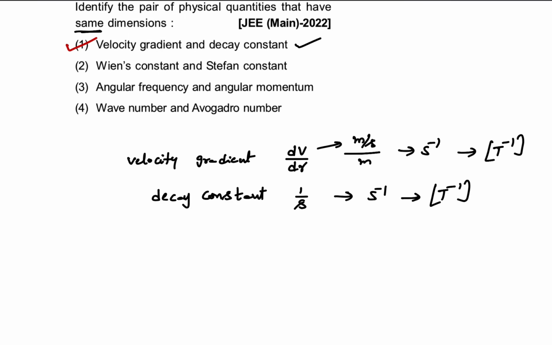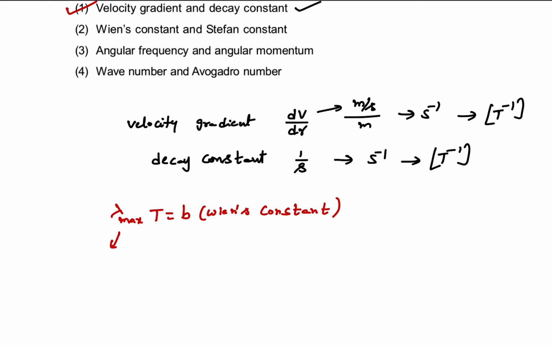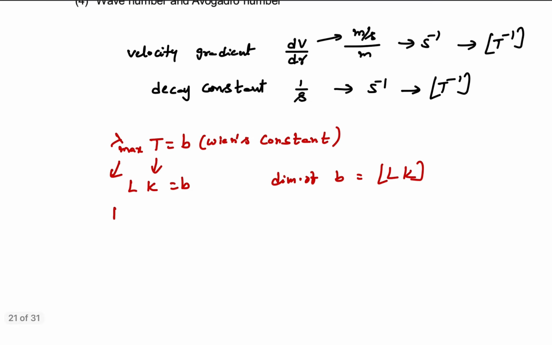Next, Wien's constant and Stefan's constant. You can write Wien's displacement law: lambda maximum into T is equal to b. This is Wien's constant. Lambda maximum unit is meter, length L, and T is temperature K, so the dimension of b is LK.